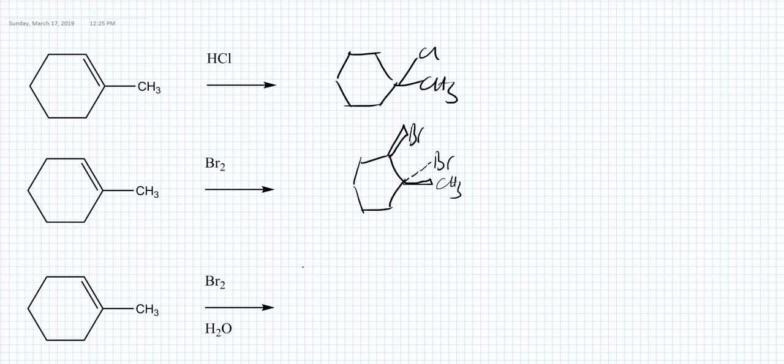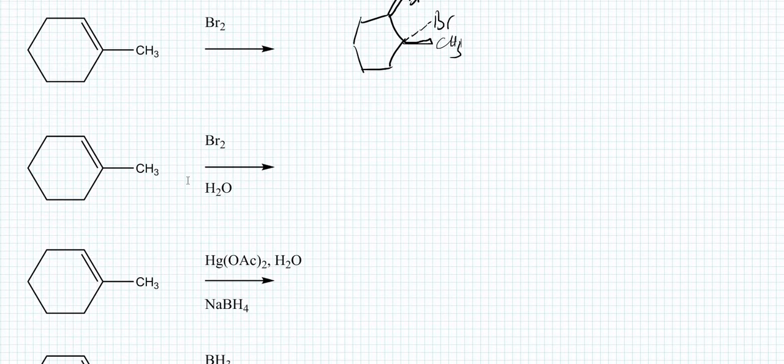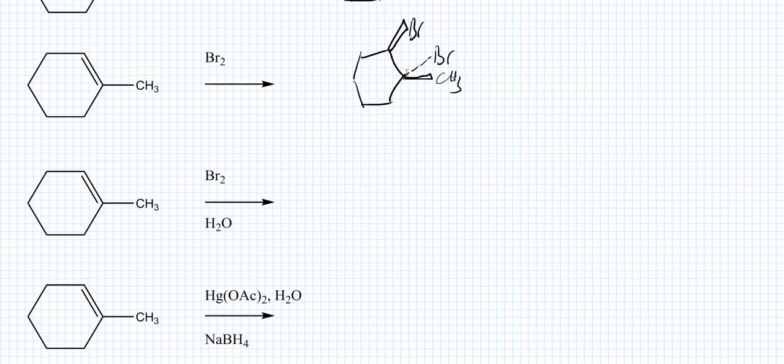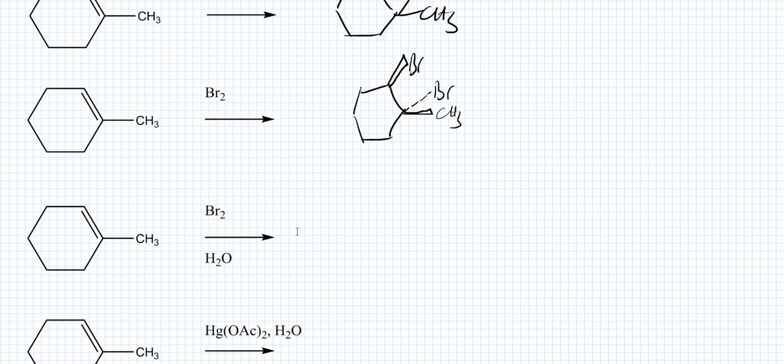Let's move to the third question. In the third question, we have an alkene, and we are adding bromine in the presence of water molecule. So the difference between the previous option and this one, we are carrying out the reaction in the presence of water. So instead of synthesizing a dihalide, we are going to synthesize a halohydrin.